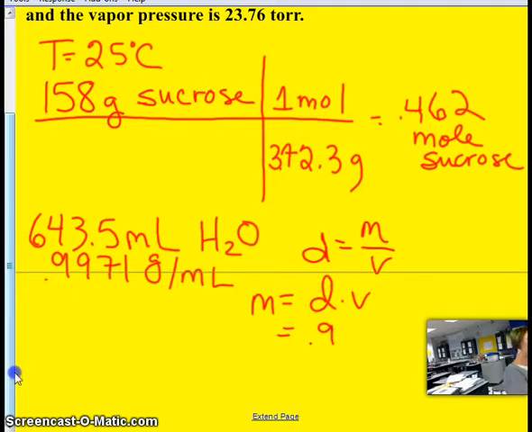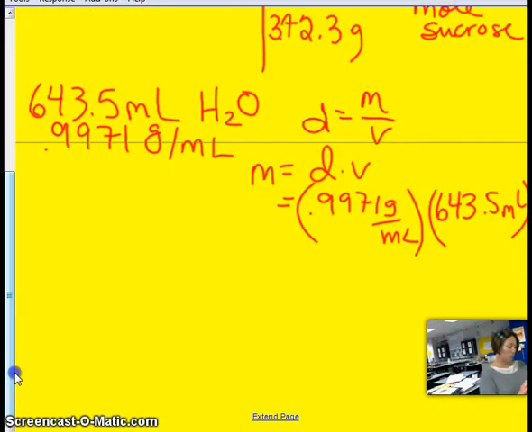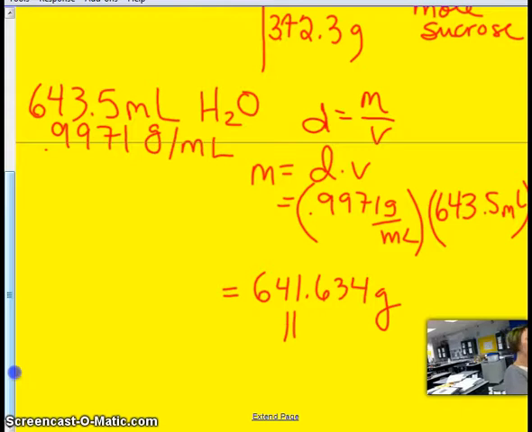The density is 0.9971 grams per mil. The volume is 643.5 mils. So I can multiply those, 0.9971 times 643.5, to get the mass of water, 641.634 grams of water.